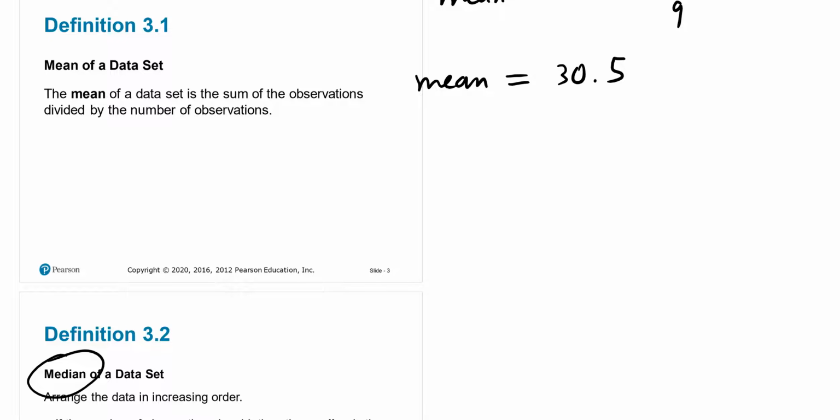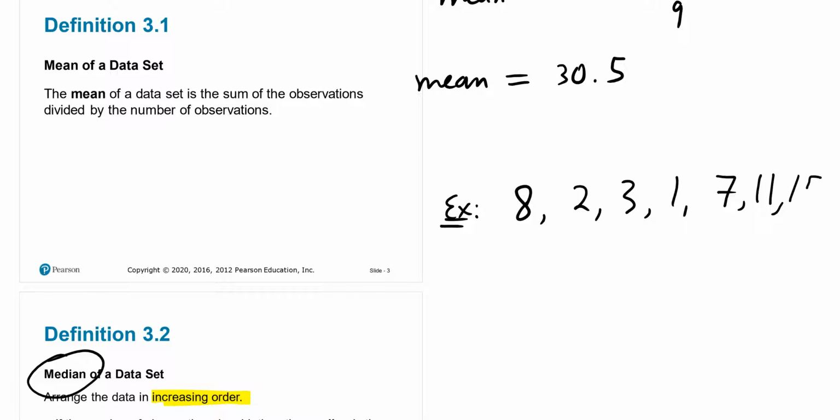When we talk about the median, the first thing we need to do is arrange the data in ascending order and then find the median from there. So let's say we have this example: 8, 2, 3, 1, 7, 11, 15. The first thing we do is arrange it in ascending order. 1 goes first, then 2, then 3, then 7, then 8, 11, and 15.